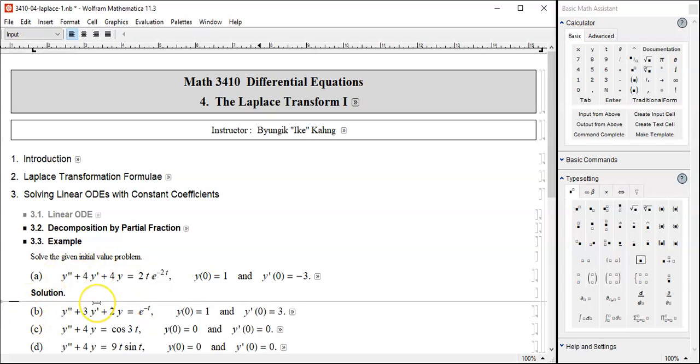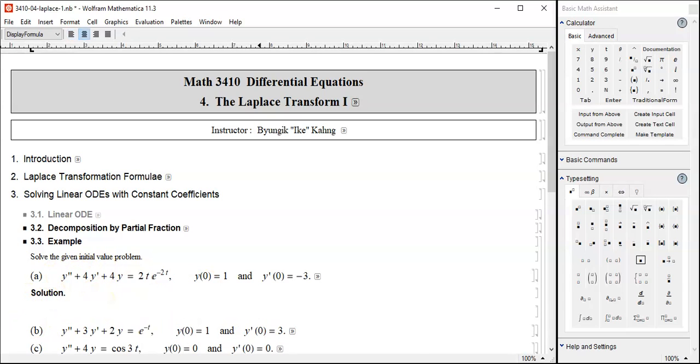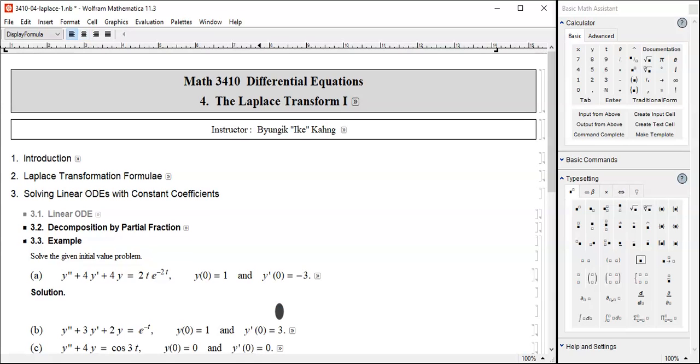Okay, here is an ODE, a linear ODE with constant coefficients, and let's use the Laplace transformation method.